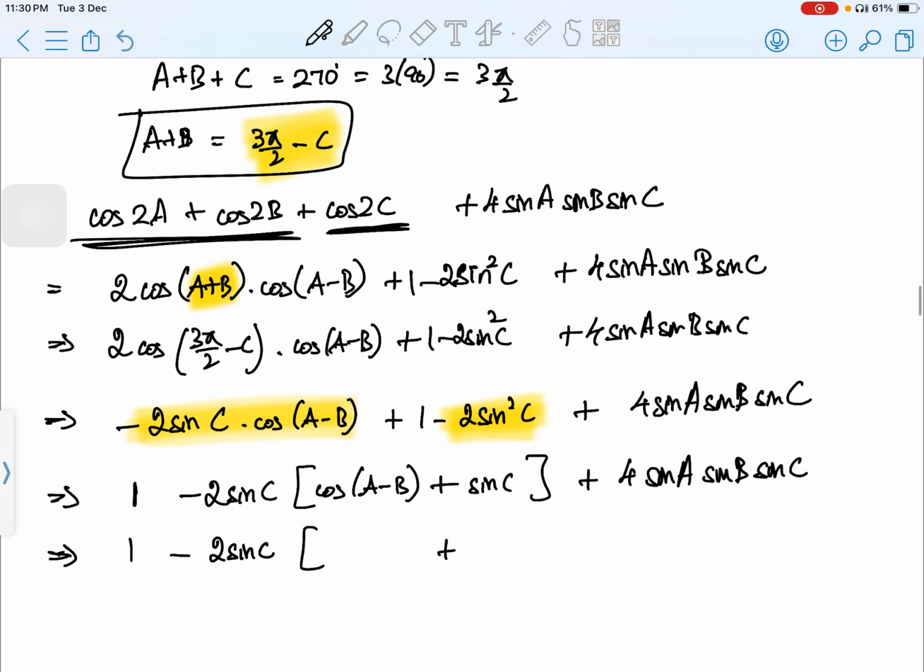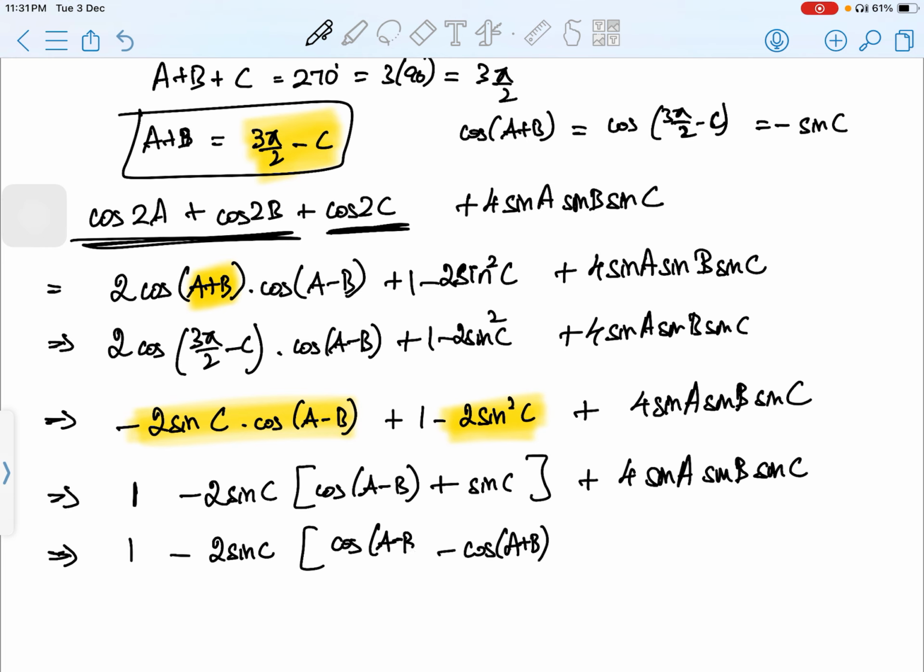At the beginning itself, if you apply cos on both sides, cos A plus B equals cos of 3 pi by 2 minus C. Okay, so this is minus sin C. So sin C we can replace with minus cos A plus B, and here plus cos A minus B. The remaining terms as usual, 4 times sin A, sin B, sin C.